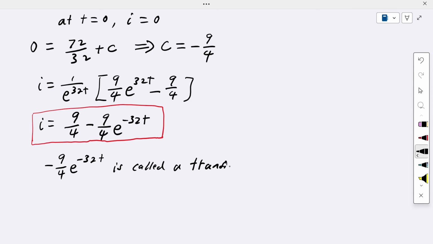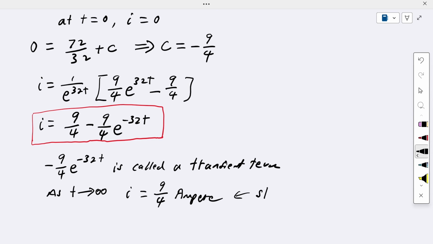That means this transient term is going to die out as t goes to infinity, so the I will have a constant value, which is 9 over 4 ampere. This value, the first term, 9 over 4 ampere, is called the steady state current.